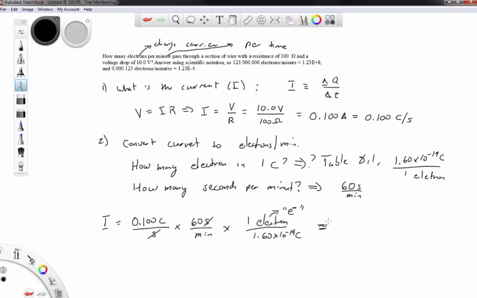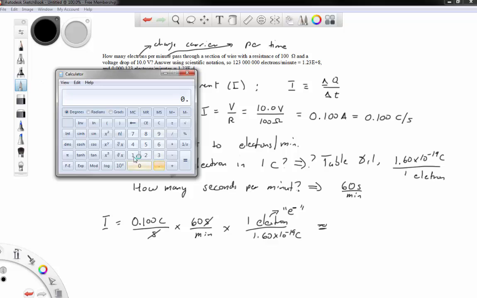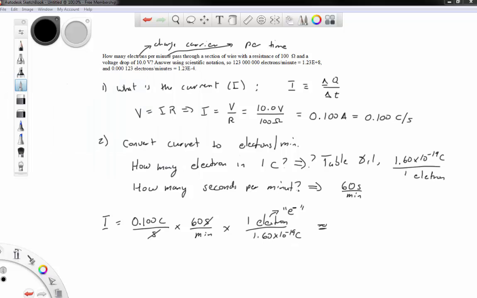Okay, so out comes the calculator. We basically have 0.1 times 60 divided by 1.6. So that's 3.75, and then that's divided by 10 to the minus 19. So this right here should be 3.75 over 10 to the minus 19.